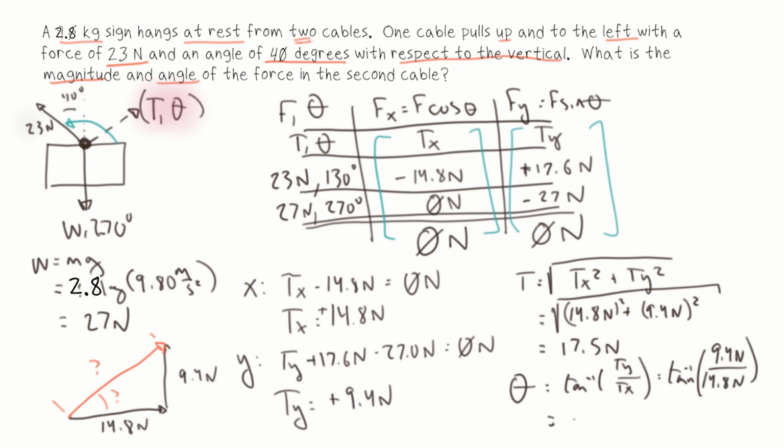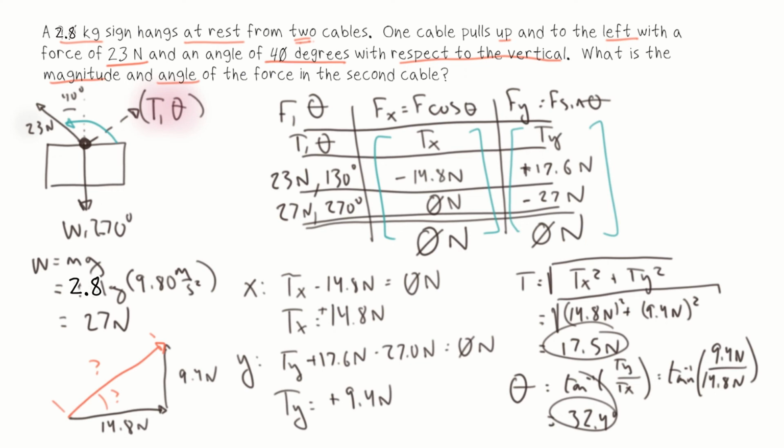And when you work that out, you get 32.4 degrees. So there you go. If you want to keep that sign stable, you're going to need to pull up and to the right. The magnitude of the force is going to be 17.5 newtons and the angle it's going to pull up with is 32.4 degrees.